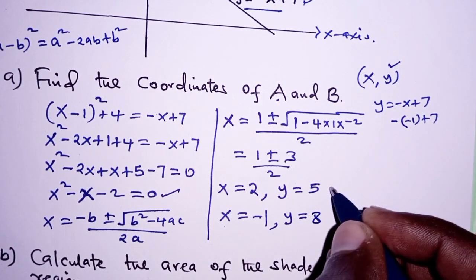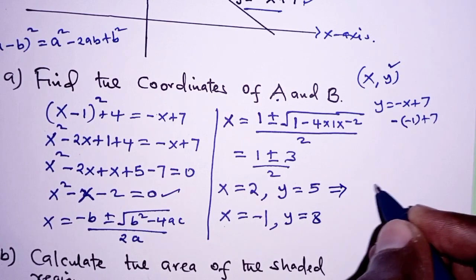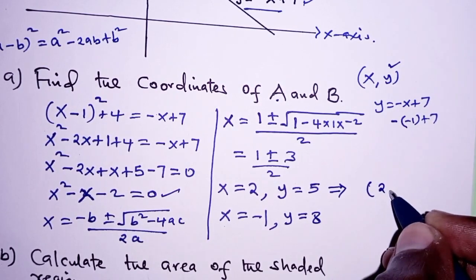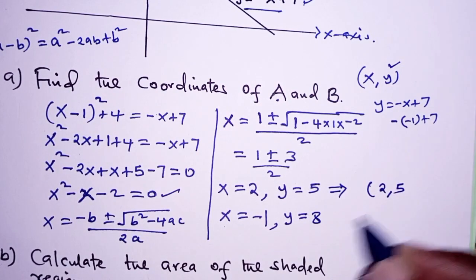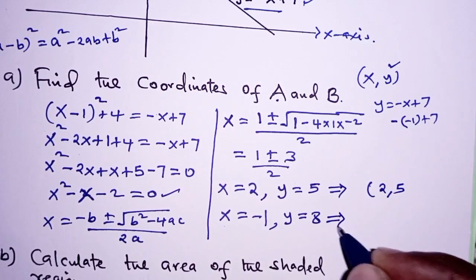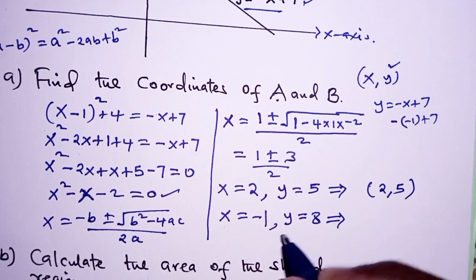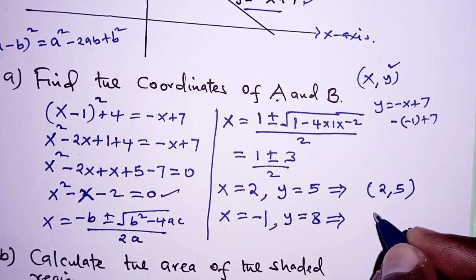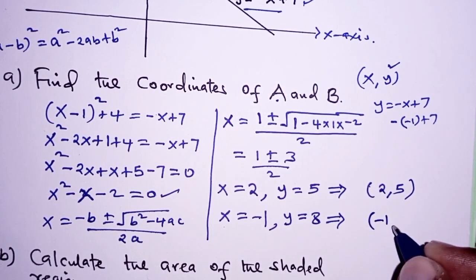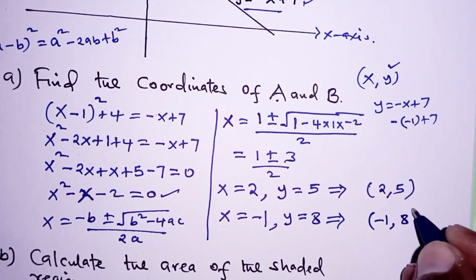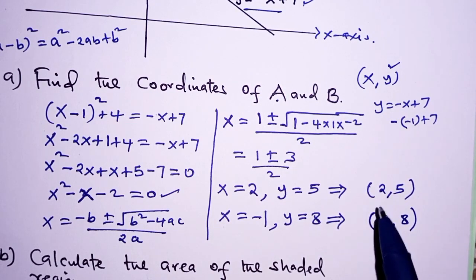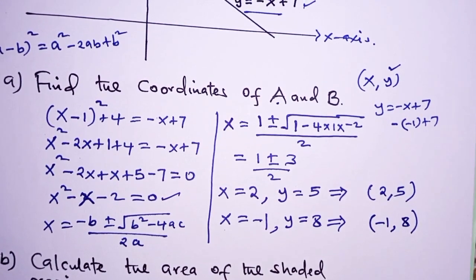That means for these coordinates, we'll have the point (2, 5). And for these coordinates, we'll have the point negative 1, 8. So we can identify which one of these is A and which one is B. Now let's get back to the diagram.